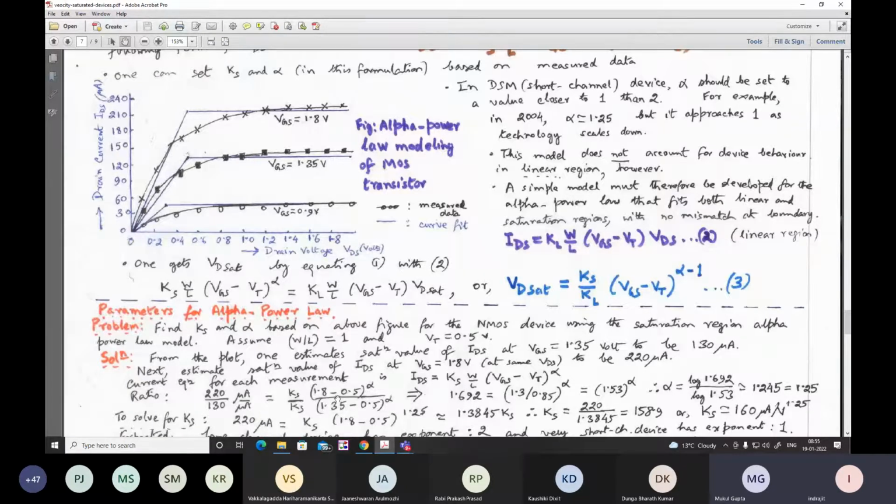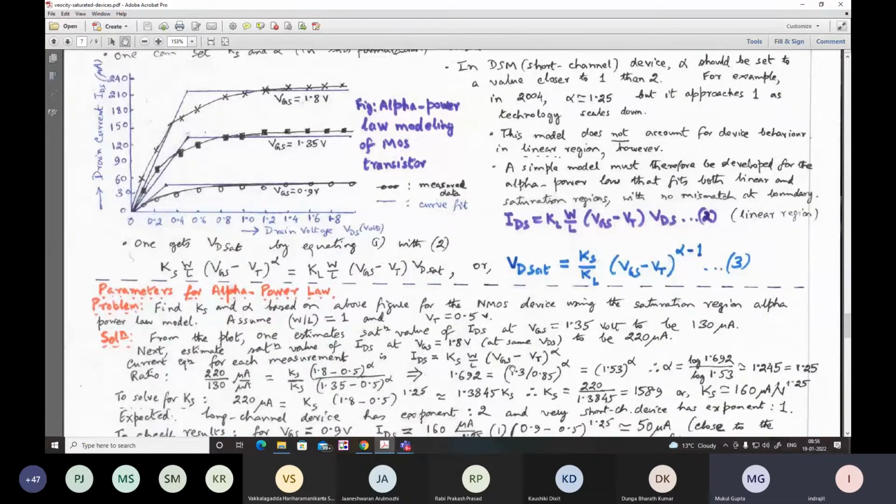From here we get 1.692 equal to (1.3/0.85) to the power alpha. So we take the logarithm: alpha into log of the ratio is equal to log of 1.692. Alpha is found to be 1.245, and correct up to 2 places after decimal, it is kept as 1.25. And alpha is unitless.